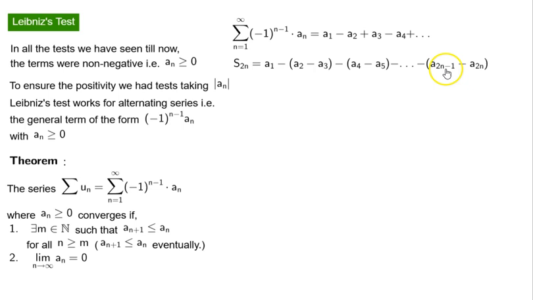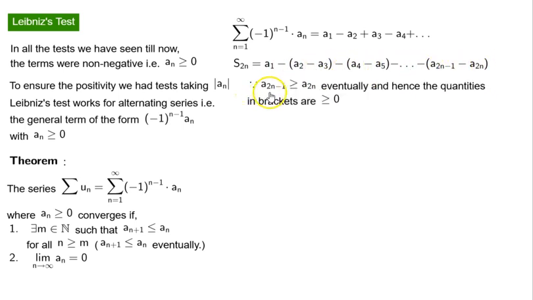Now we do the grouping like this. We keep the first term as it is and then do the grouping. Since a sub 2n minus 1 is greater than or equal to a sub 2n eventually, these bracketed quantities are greater than or equal to 0, which implies S sub 2n is less than or equal to a sub 1, since all the remaining terms are being subtracted from a1.